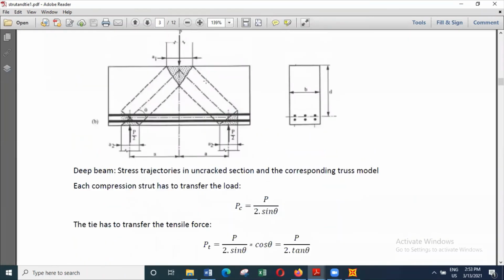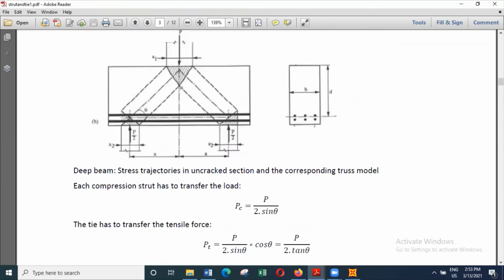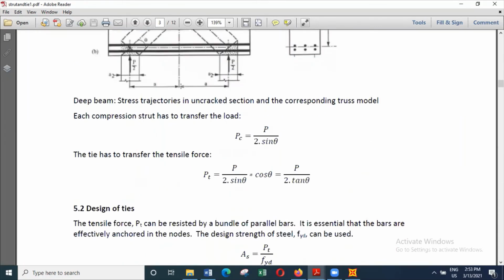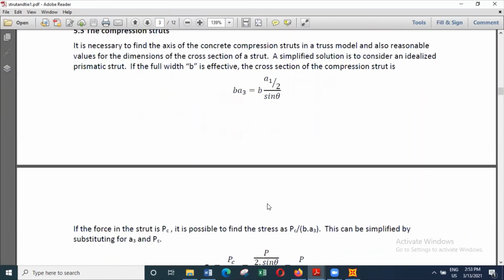So if you want to find this distance, then you can say this distance is equal to A1 divided by sine theta. So not A1 divided by 2 divided by sine theta. So B times A3 is equal to B multiplied by A1 divided by 2 divided by sine theta.